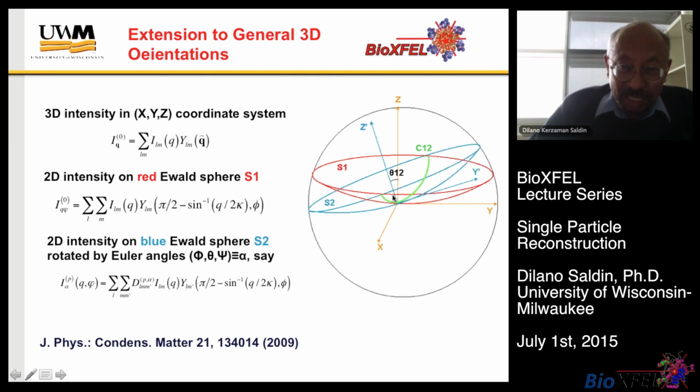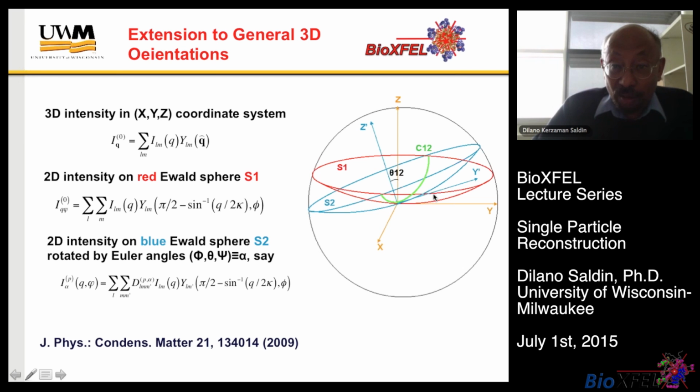Now, let me tell you why these correlation functions are so important. Suppose we have a single particle. I'm only considering a single particle right now. A single particle has a diffraction volume, which is the Fourier transform, if you like, of the electron density modulus squared. This diffraction volume will be a three-dimensional distribution of intensity, and it can always be written as a spherical harmonic expansion in this way.